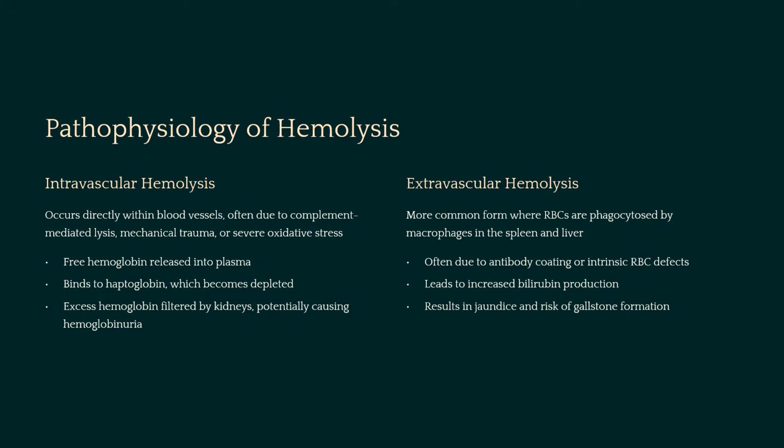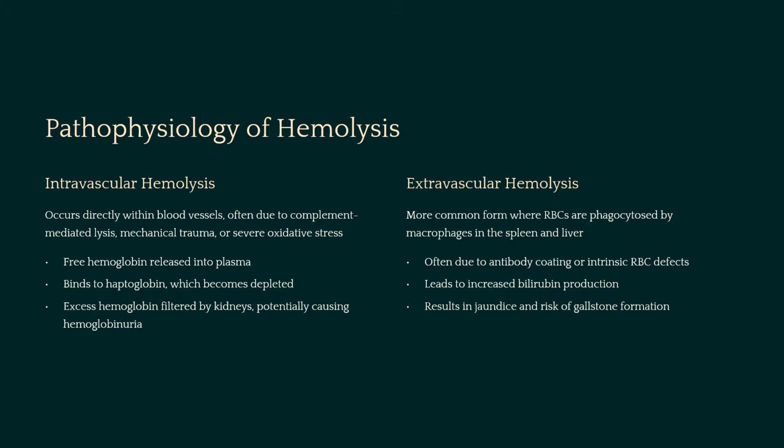Then excess hemoglobin is filtered by the kidney, potentially causing hemoglobinuria, meaning it passes through the kidney and appears in the urine, and this condition is called hemoglobinuria. So these three things happen in intravascular hemolysis: free hemoglobin is released into the plasma, it binds with haptoglobin, and excess hemoglobin passes through the kidney and appears in the urine.